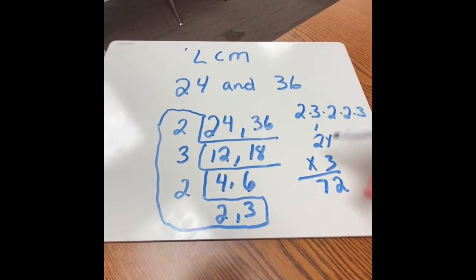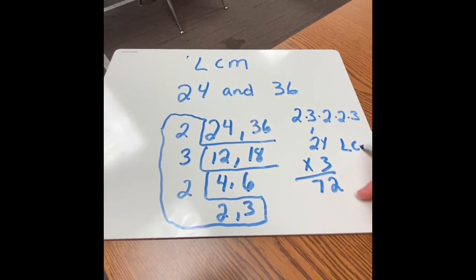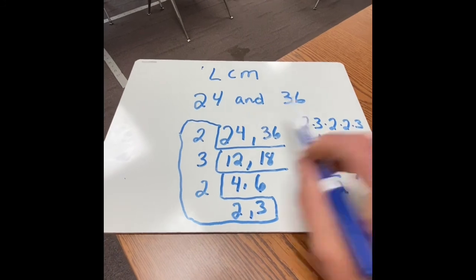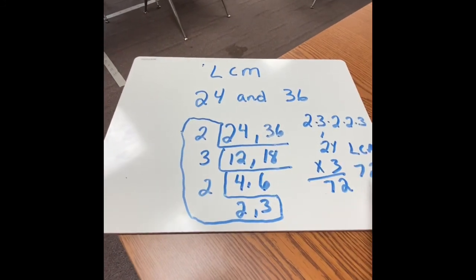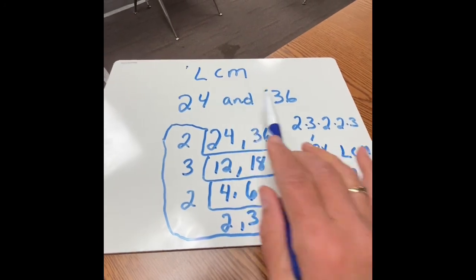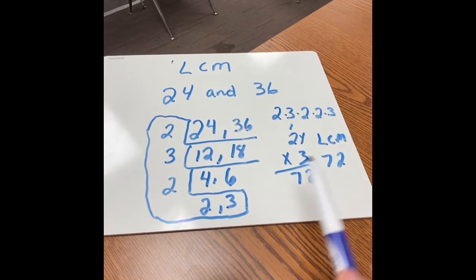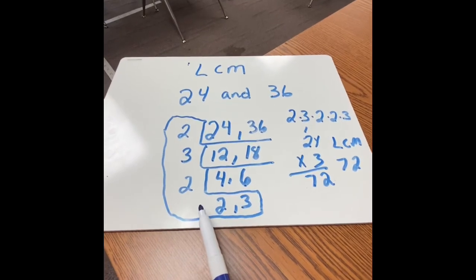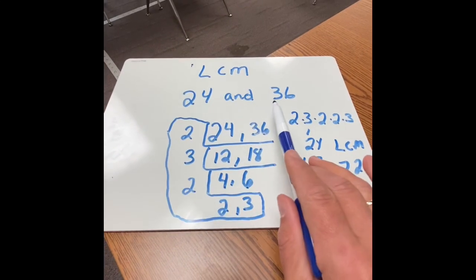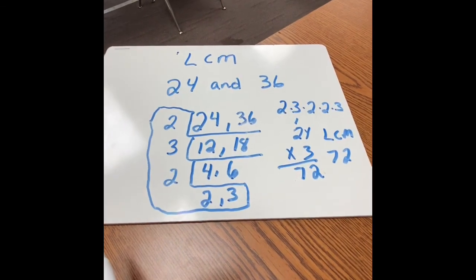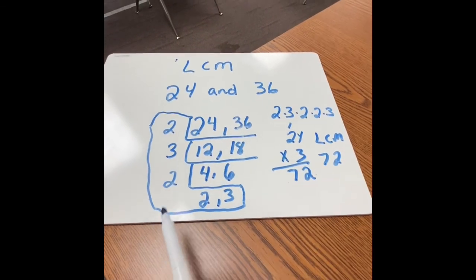So then the LCM would be 72. 24 can go into 72 3 times, and 36 can divide into 72 2 times. So the smallest number that both 24 and 36 can go into evenly would be 72. So the least common multiple would be 72.